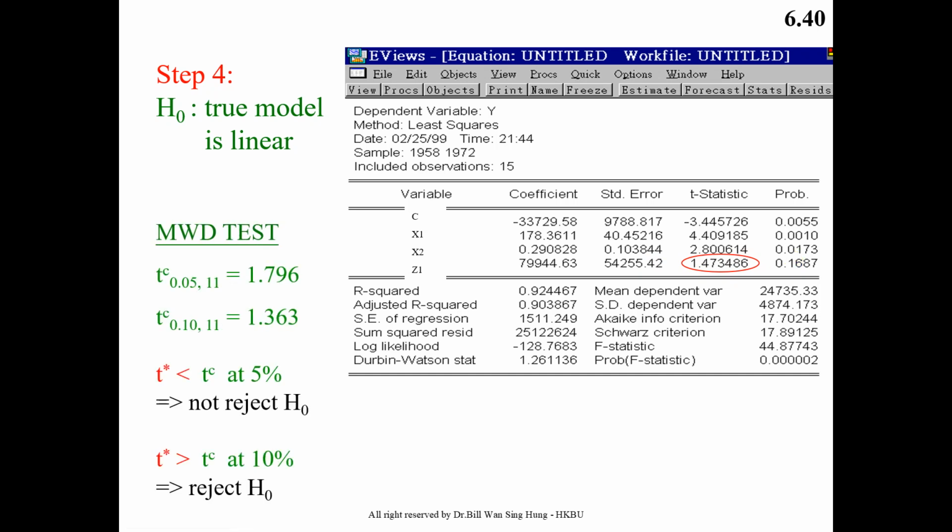So we will compare the t computed with the t tabulated at 5%. If t star is less than t, then do not reject H naught. And if t star is greater than t tabulated at 10%, reject H naught.